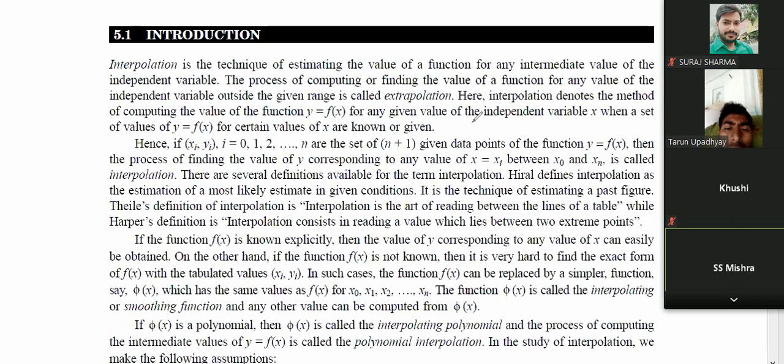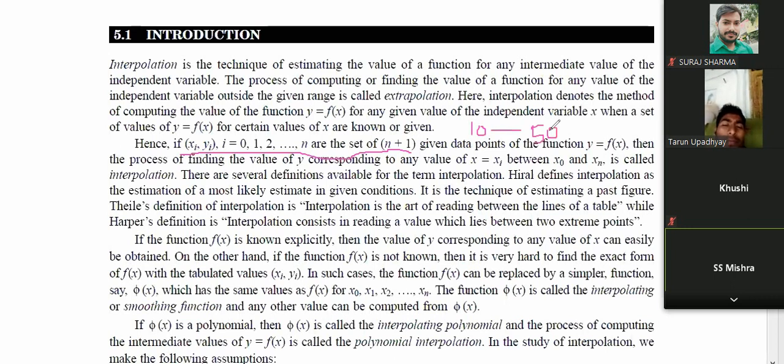The range was 10 and 50, the range of the independent variable.